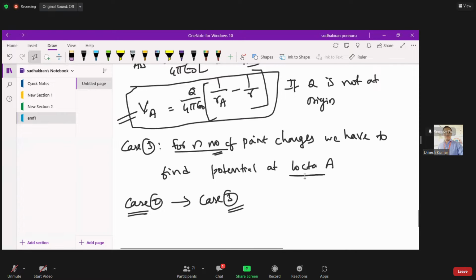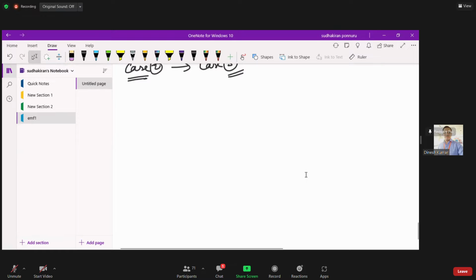See here, suppose this is our reference point. Here we have the reference point, which is nothing but our origin. We have Q1. If you have Q1 and you want to find the potential at A, now this is nothing but our case 2.